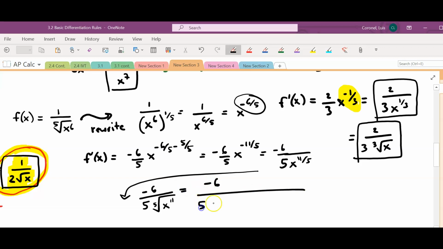You have the fifth root, but you have 11 x's: 1, 2, 3, 4, 5, 6, 7, 8, 9, 10, 11. So these 5 x's, since you're taking the fifth root, are going to cancel. These 5 x's are also going to cancel.